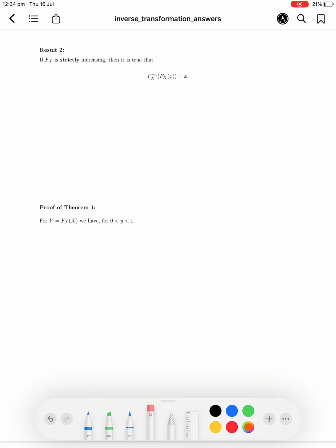Okay, now let's look at the second result. If Fx is strictly increasing, then it is true that Fx inverse Fx simple x equals simple x. This is the visual demonstration.